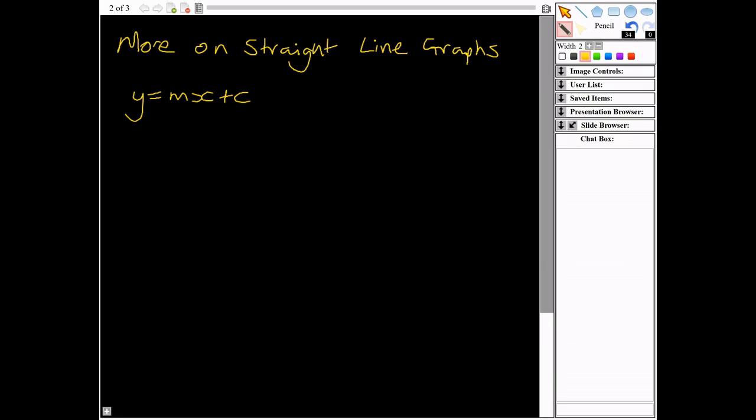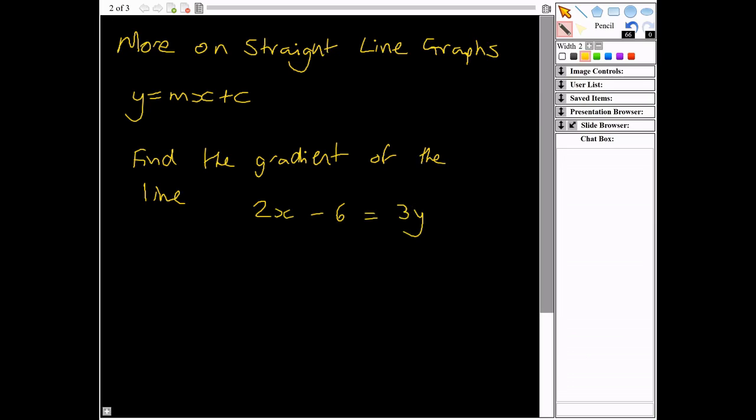So you might, for example, be asked to find the gradient of the line, and then it might say 2x minus 6 is equal to 3y or something like that. Or maybe even let's do another one.